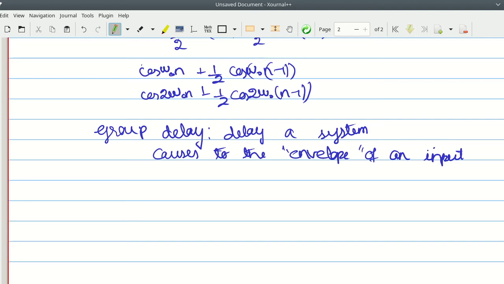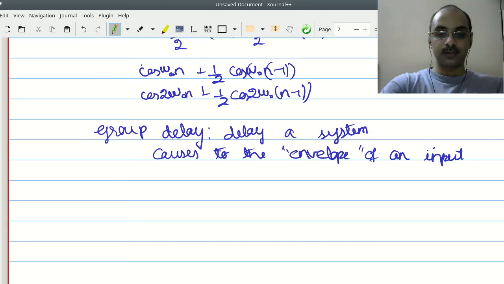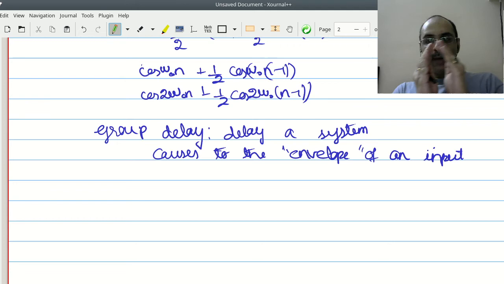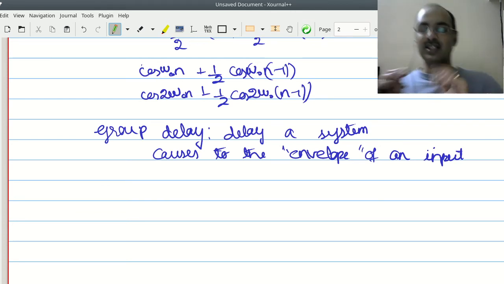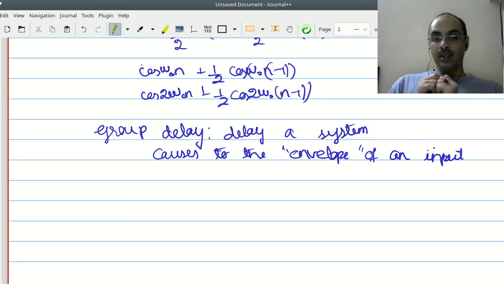So this basically indicates that if your waveform has multiple parts, let's say the envelope is like the cover of the energy. In some sense, it's basically the hump or where the maximum energy is. How much does that get delayed? Now, this is a function of frequency.